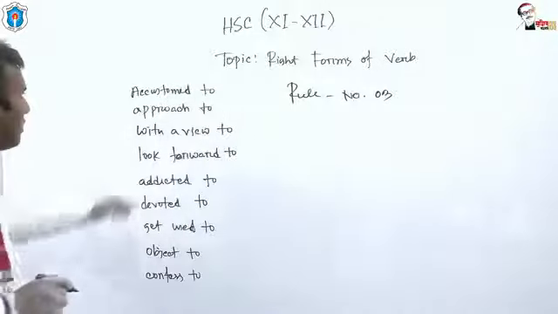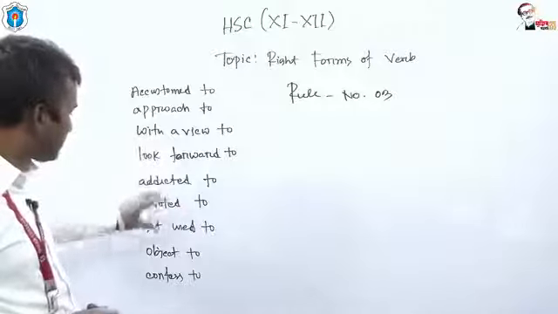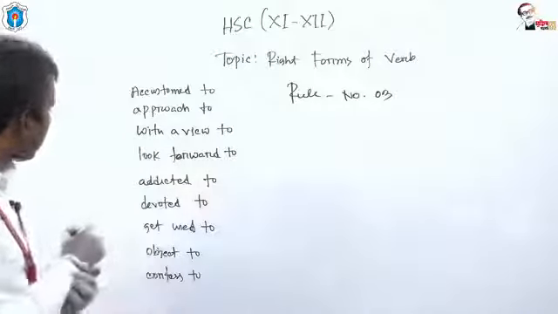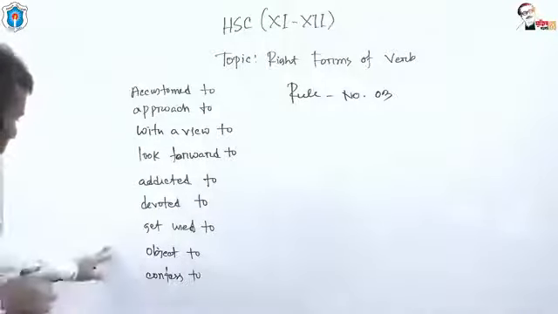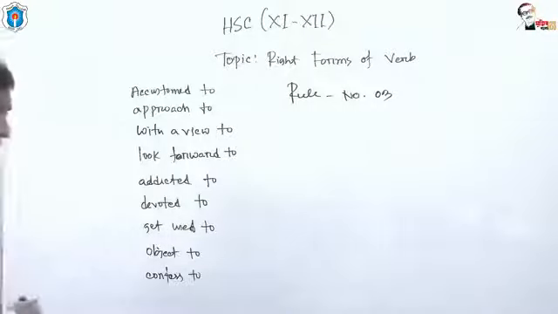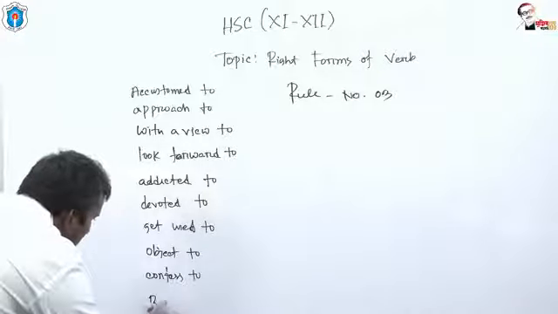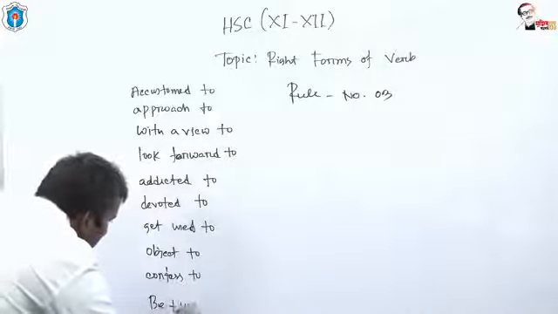Look at please. Accustomed to, approach to, with a view to, look forward to, addicted to, devoted to, get used to, object to, confess to. Okay? I have used 1, 2, 3, 4, 5, 6, 7, 8, 9. And there is another one, and that is be plus used to.